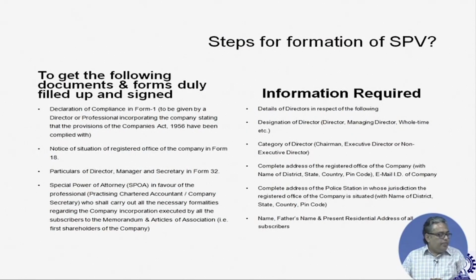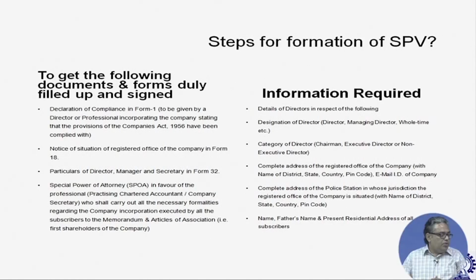Now, next you need to go for declarations. Many of the declarations, like you have to get the declaration of compliance in Form 1, and this declaration of compliance is generally given by the professionals or the director who is going to be a director of that particular company.